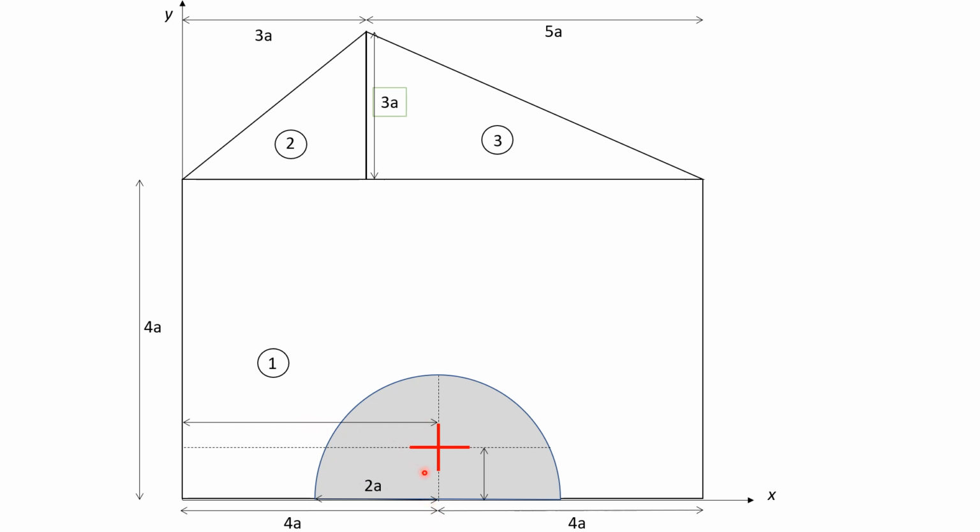And the centroid of the semicircle from the x-axis is 4r by 3 pi. So x4 is equal to 4a, already given, and y4 is equal to 4 into radius by 3 pi, equal to this value y4.